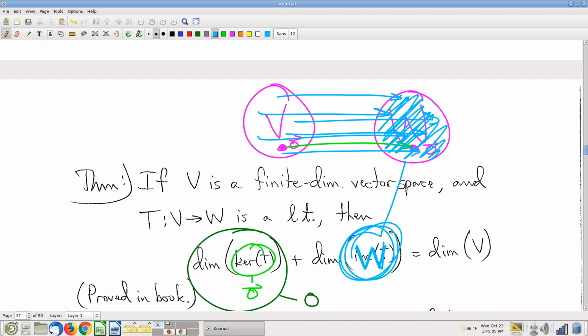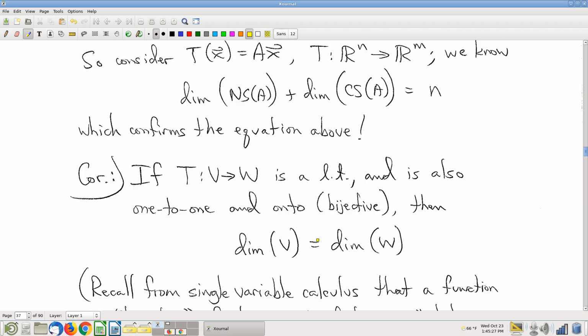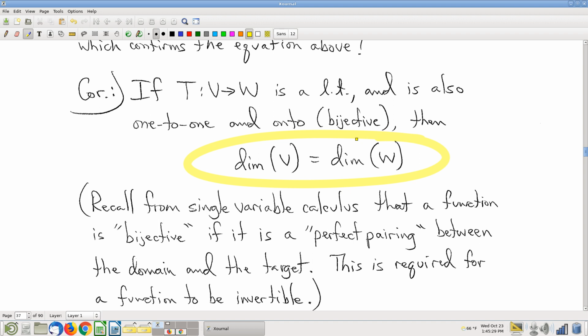The blue argument tells us that the image is the target, namely W. And notice what the equation turns into. It just leaps off the page: 0 plus dimension of W equals dimension of V. In other words, dimension of W equals dimension of V, which is what we were trying to prove.